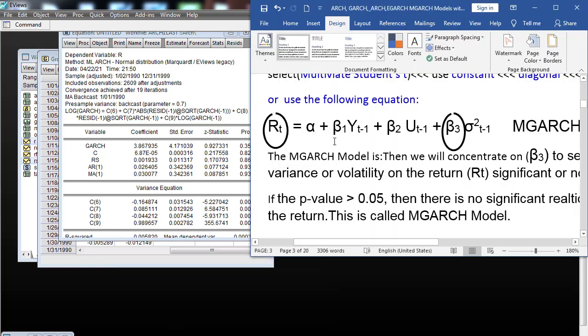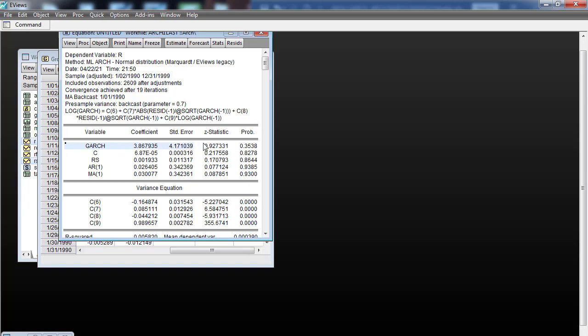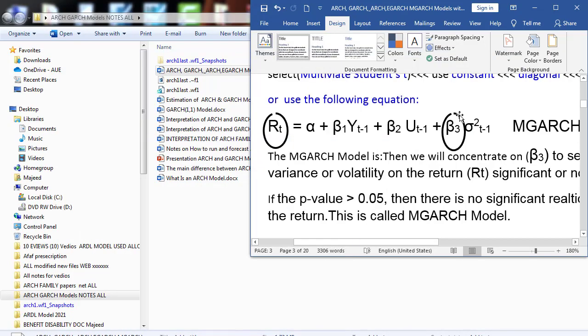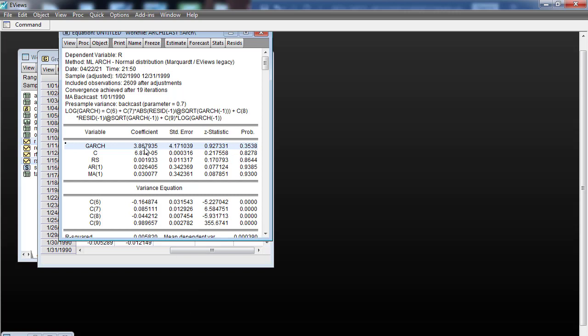If you look at this equation here, this one here, beta 2, which is GARCH, as you can see from the outcome, is positive and statistically not significant because the p-value is 35.38, which is greater than 5%.